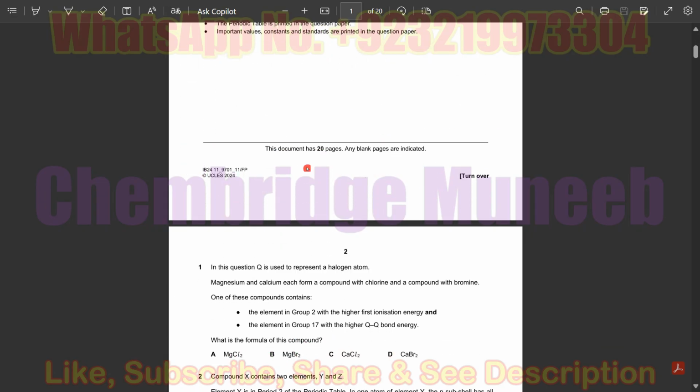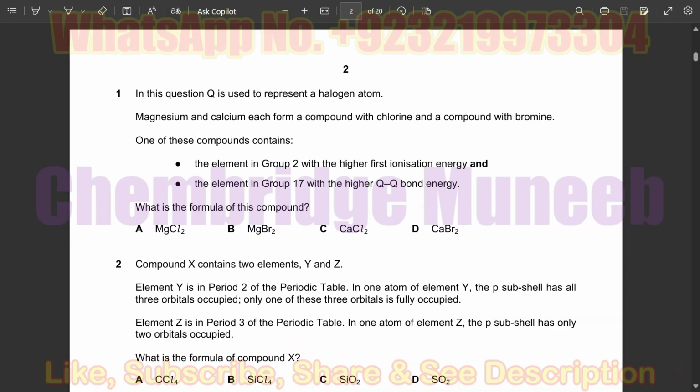Okay, now let's start. The first question: in this question, Q is used to represent a halogen atom. Magnesium and calcium each form a compound with chlorine and a compound with bromine.